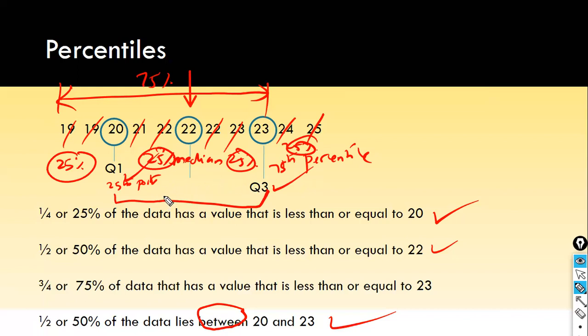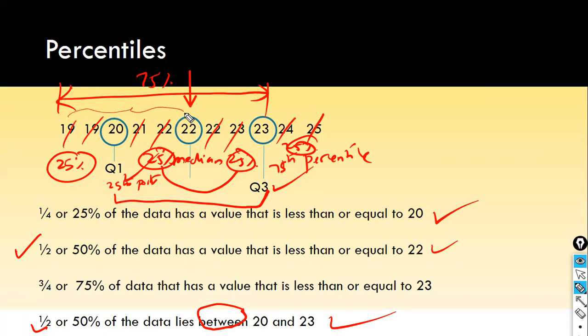And if somebody asks, 50% of the data lies between which values? Around the median, you have 25% on each side, which gives 50% of the data. This one might be confusing for you. I agree. Even when I learned it the first time, I got confused. So this is different and this is different. 50% of the data having a value less than or equal to 22 is pretty simple.